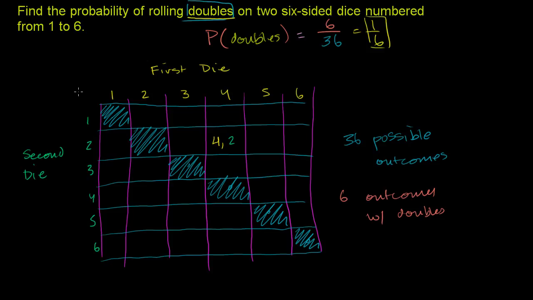Whatever number I have on the first die, there's a 1/6 chance that the second die is going to have that same number on it. So that's another way of reasoning that you have a 1/6 chance. The first die does anything it wants, but there's only a 1 in 6 chance that the second die is going to have the same thing as the first die. Either way, you get to the same 1/6 answer.